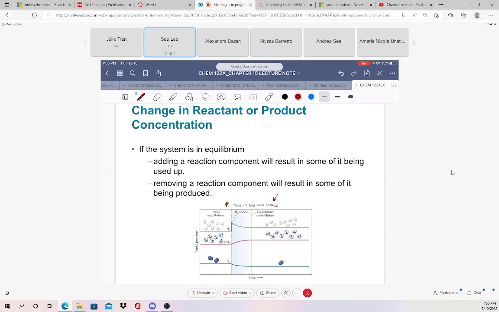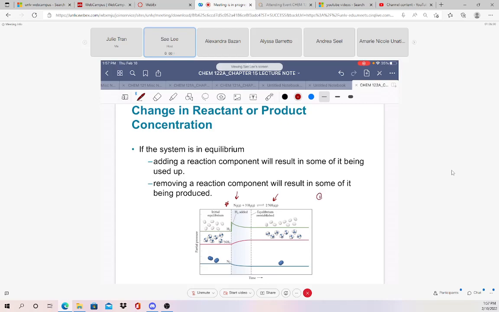One thing you can do is keep adding one of the reactants, and this will push the reaction at equilibrium towards the product side, producing more ammonia. You can either increase nitrogen concentration or hydrogen concentration. If you increase both reactants, you're basically scaling up the reaction, and that's not going to push the reaction towards the product side.